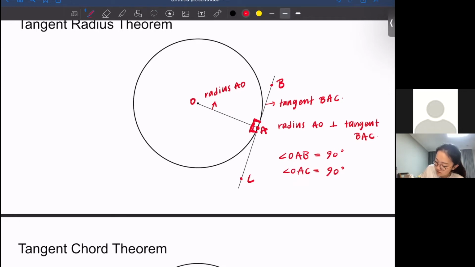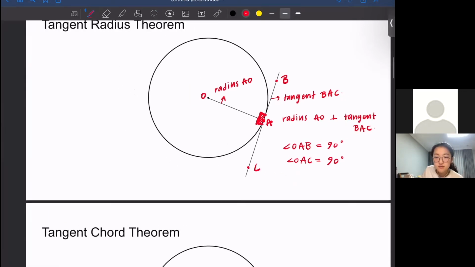Both of these angles are 90 degrees, right angles.